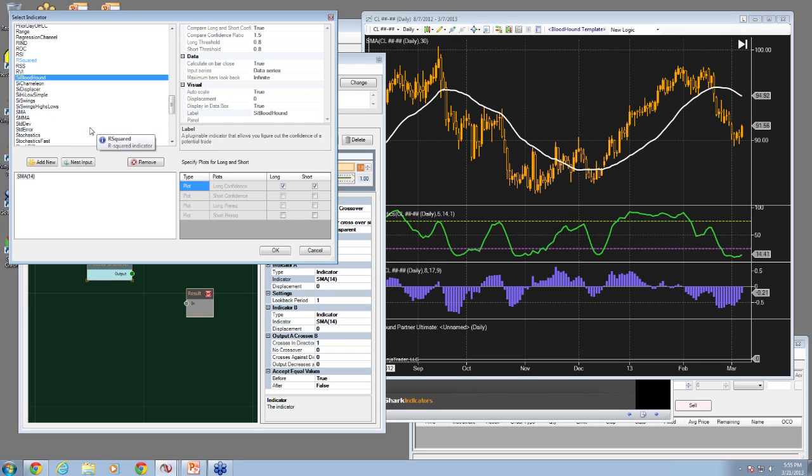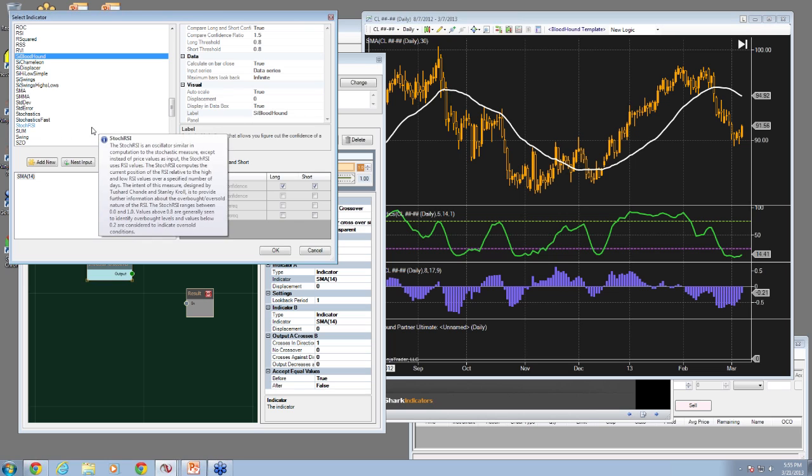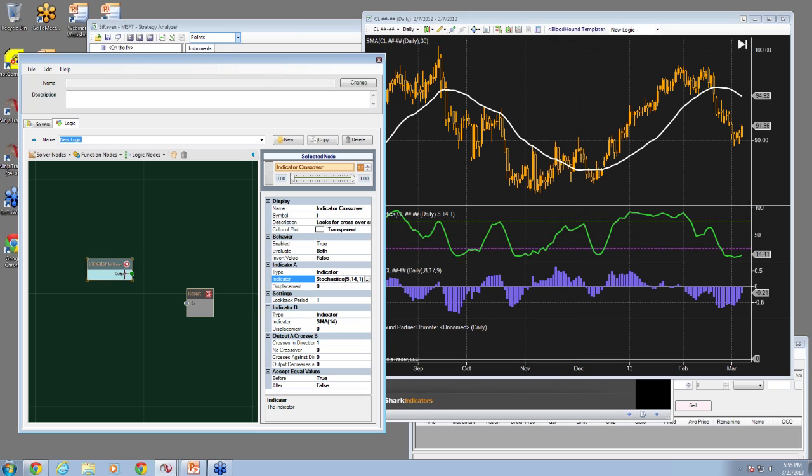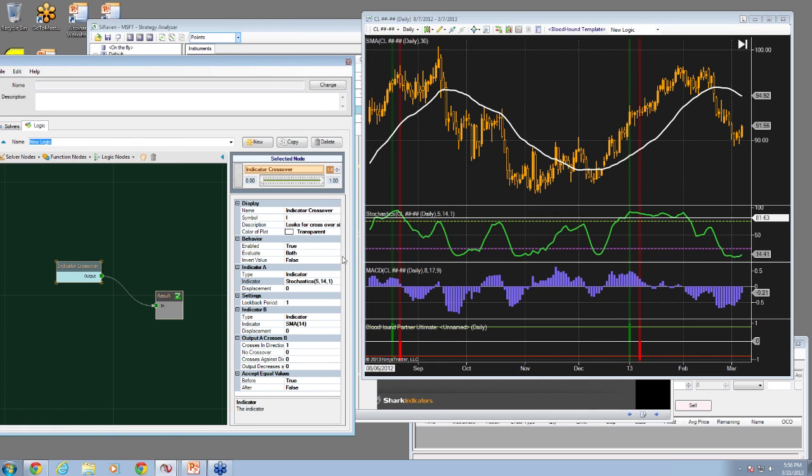So again, I'm going to use the same stochastic parameters that my partner uses. He likes to use a slightly faster stochastic here, the 5-14-1. He takes a little bit of smoothing out and shortens the period just a little bit. As soon as I plug that in, wait a minute, I might have got the wrong parameters there. 5-14-1.